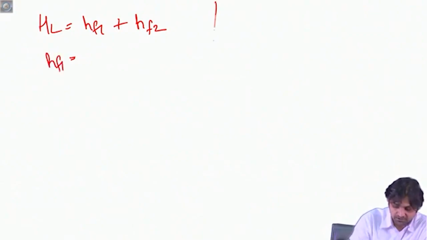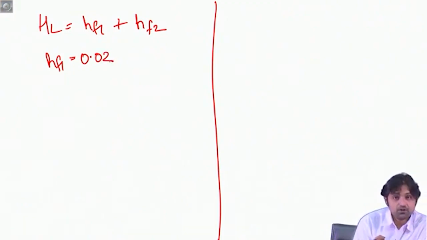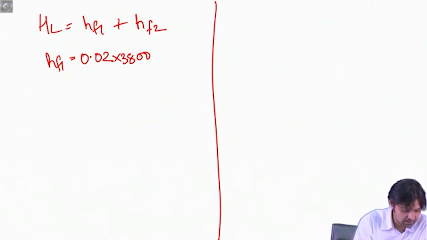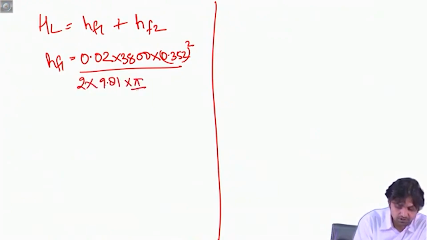It's the major loss, right? And that is going to be 0.02, that is already given, into the length 3800 into 0.352 whole square, because that is the velocity, over 2 into 9.81 into (pi by 4) whole square into 0.6 to the power 5, and this comes on calculation as 10 meter.